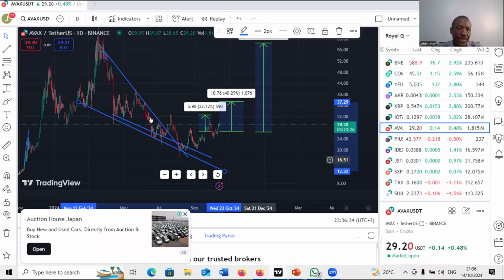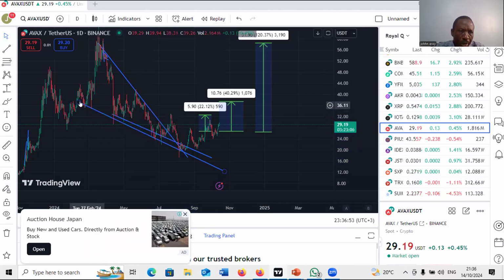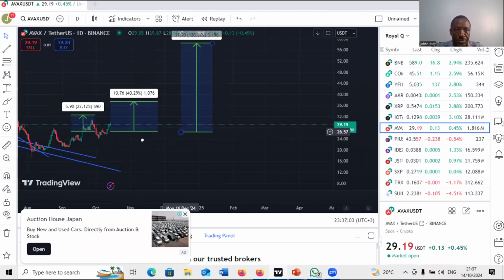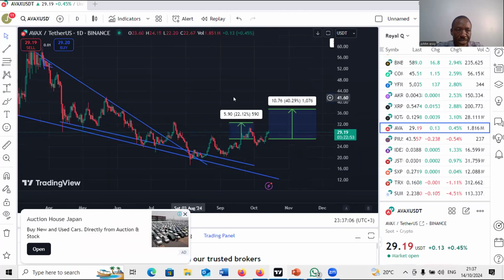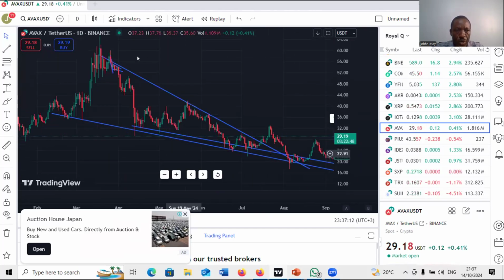So when we look at these two, especially the lower one, we had this point here. We have this one here, and then we have this one, it didn't touch. You can zoom out to find out whether it touched that clearly.